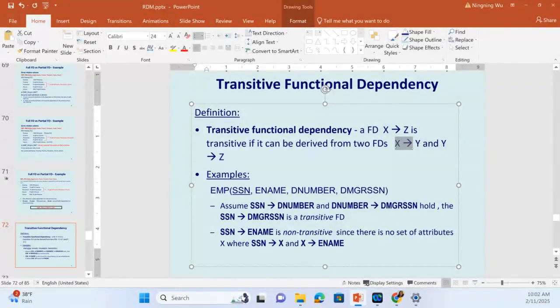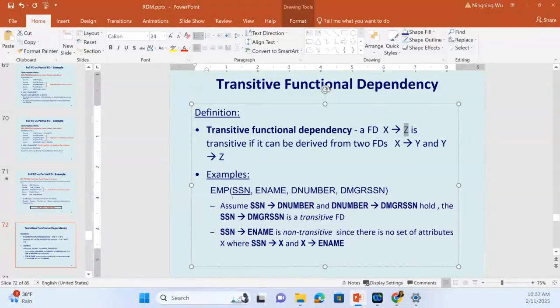It relates to X and also relates to Z. Then we have X determines Z as a transitive functional dependency. By transitive, it means that Z is not directly determined by X, but rather indirectly determined by X through this middleman Y. Okay.